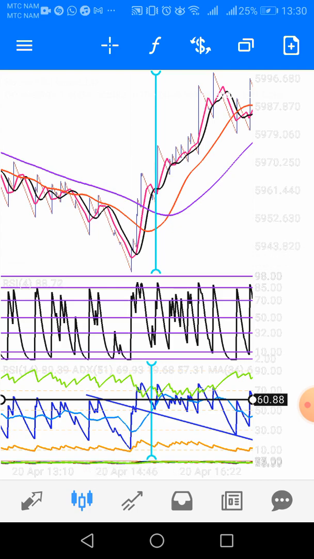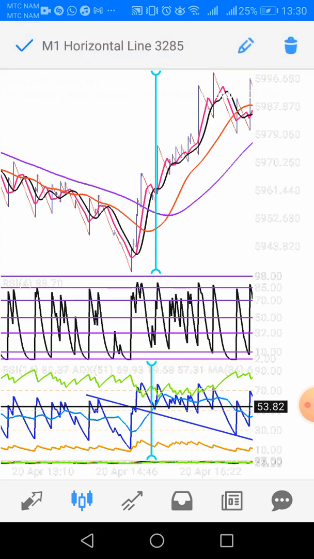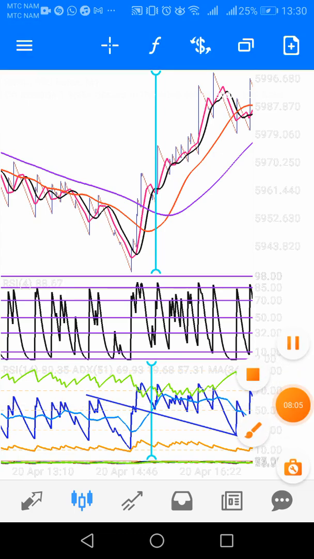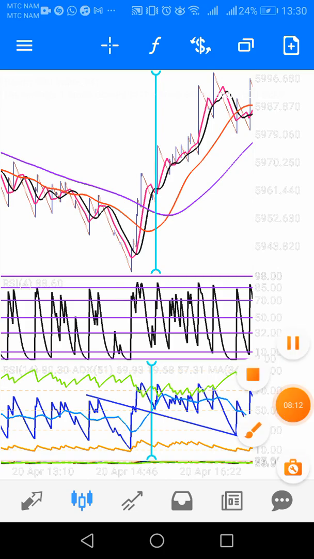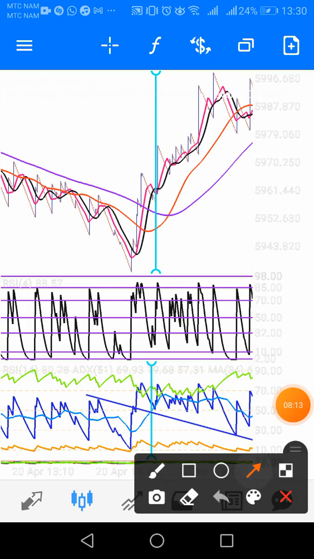The breakout is this spike that ended here. If I'm not wrong, the one that broke out ended there. So that's how you do it.